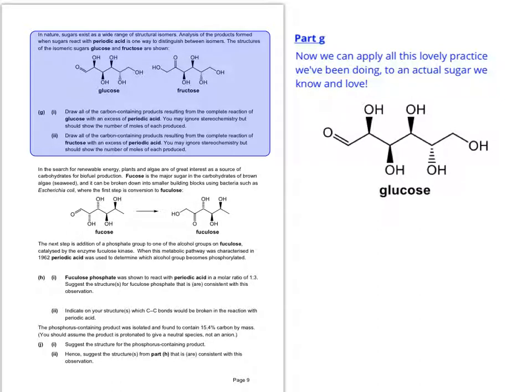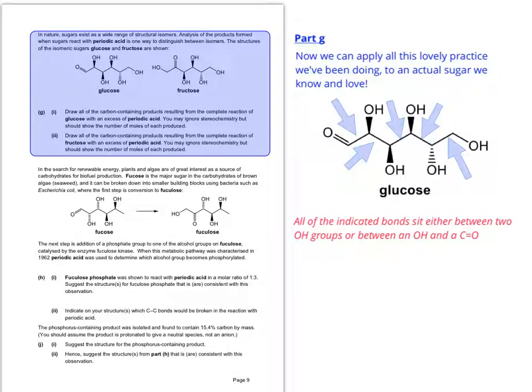So if there's two of something that's made, you need to put a 2 in front of it. Let's now have a look at all of the carbon-carbon bonds that are going to be broken in glucose. If we take all of the indicated bonds, they'll fulfill one of the two criteria we've looked at for reaction with periodic acid.